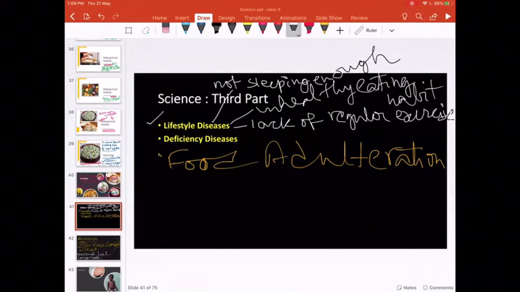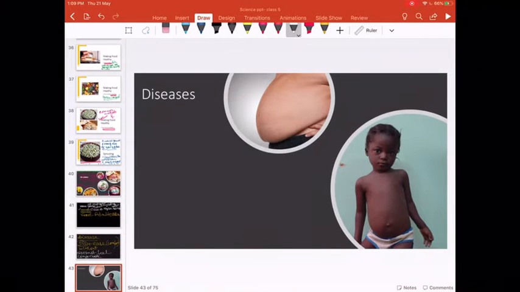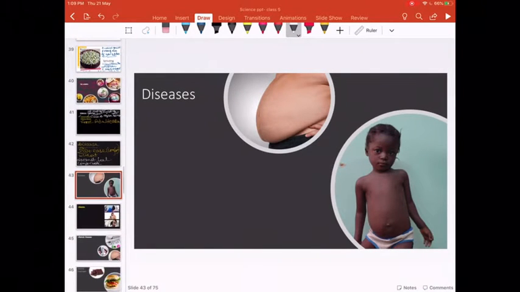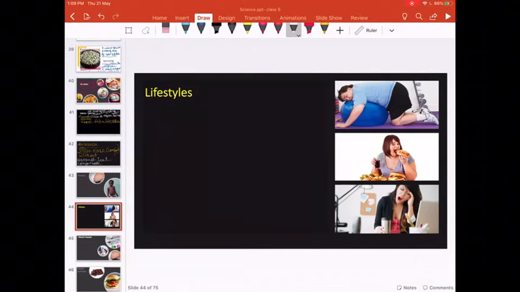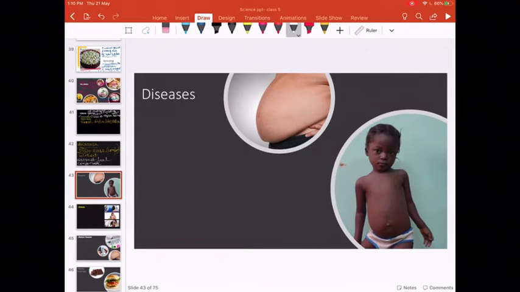That is lifestyle diseases. Few lifestyle diseases are, students, obesity, diabetes, high blood pressure. So these are the few lifestyle diseases.